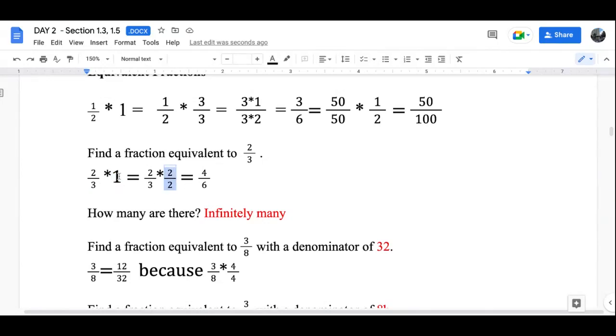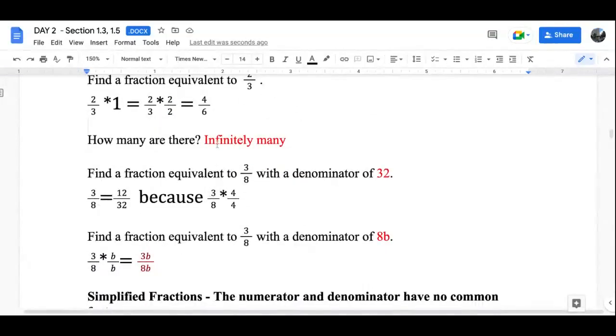Or you can make this one 3 over 3 or 4 over 4. Doesn't matter, as long as we find an equivalent of one. In this case, I choose 1 to be 2 over 2. So we get 4 over 6. And you can choose 5 over 5, then you get 10 over 15, and so on and so forth. How many equivalents? Infinitely many, right?